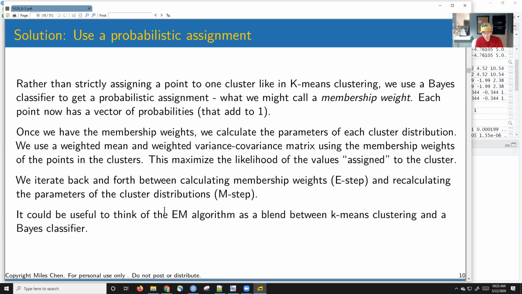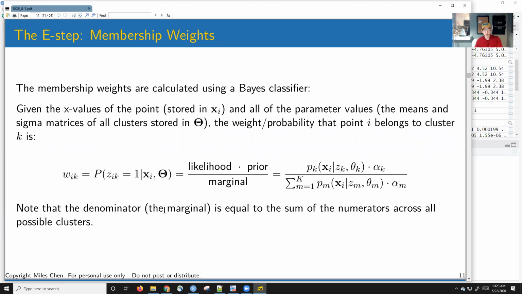So I'll show you the equations for this. The membership weights are calculated using the Bayes classifier. These membership weights are basically the probability that point i belongs to cluster k.